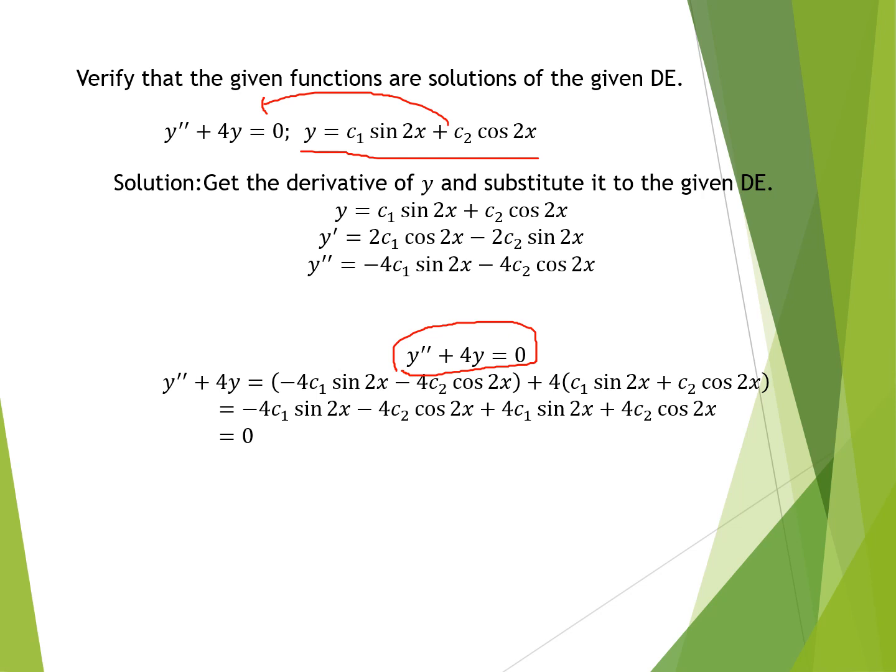If you notice, the terms negate each other: negative 4c1 sine 2x and 4c1 sine 2x cancel out, and negative 4c2 cosine 2x and 4c2 cosine 2x give 0. Then we say that this is a primitive or a solution. In fact, it's called the general solution of y double prime plus 4y equals 0.